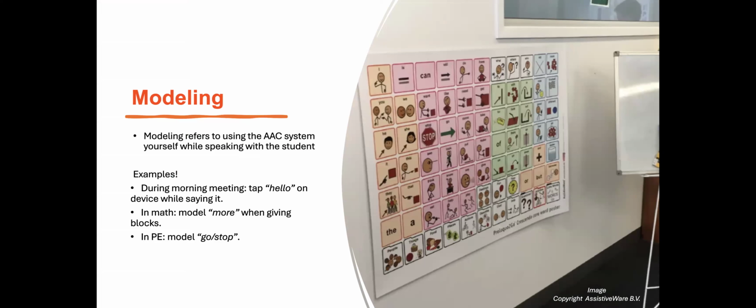So some examples of this would be pointing or selecting the word hello as you say it, or pointing or selecting the word more during math when you're giving math manipulative blocks, or in physical education when you are saying go and stop at the same time as using your voice and using the device, as a student is starting and ending an activity.